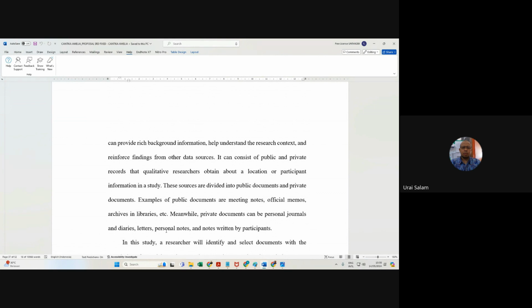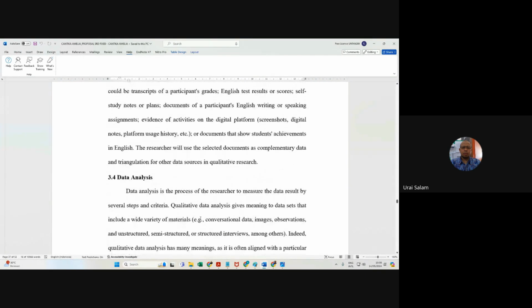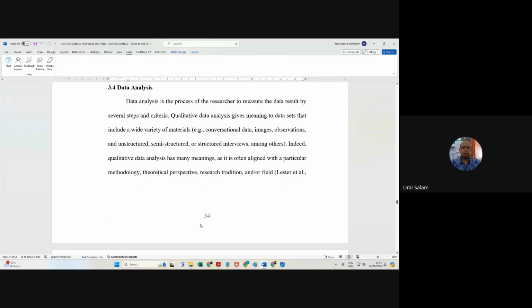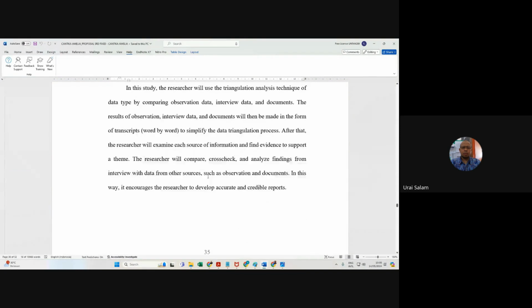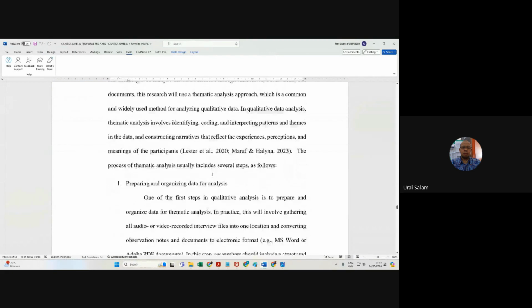Itu semi structured. Kalau yang structured, you cannot ask other questions, only the listed questions that you have prepared before you start the interview. Data analysis, this is thematic analysis, yeah.